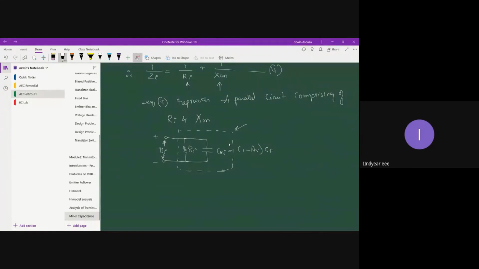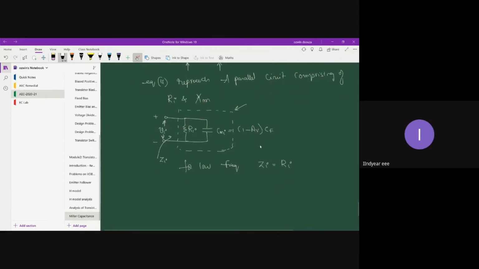Now the effect is something like this. For low frequency, Zi would have been Ri, since no parasitic capacitance effect comes into the picture at low frequency. But for high frequency, Zi is not equal to Ri.